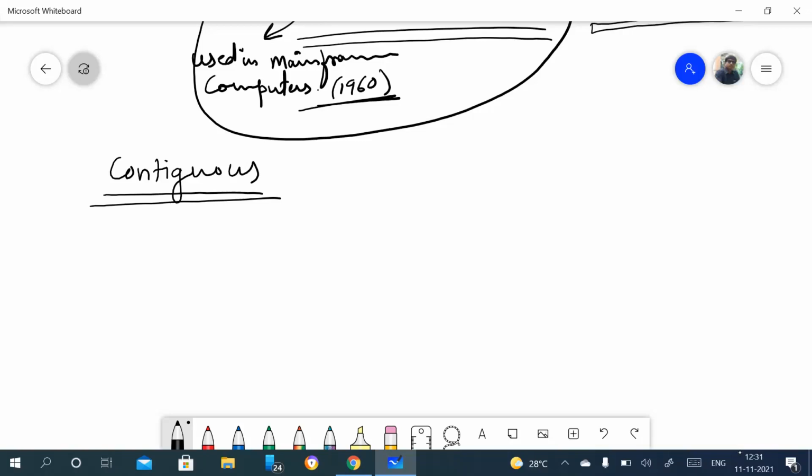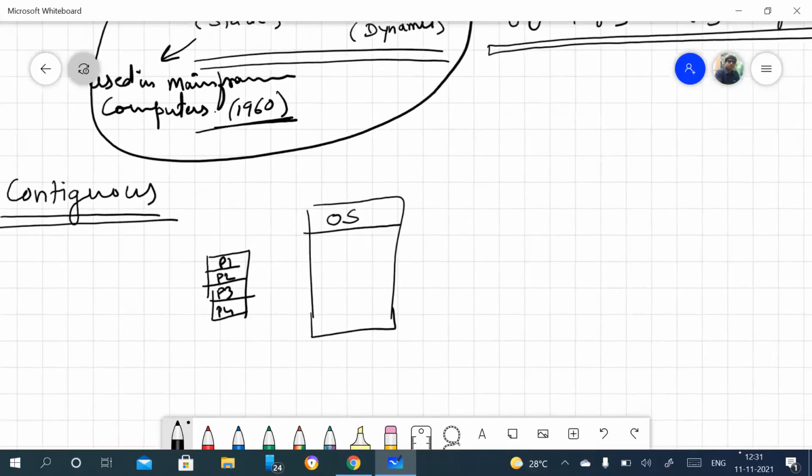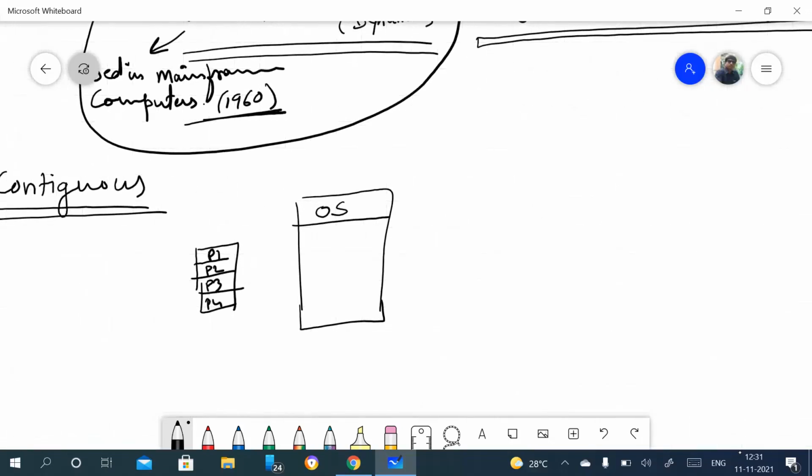Suppose P1, P2, P3 and P4 are the processes, and this is the RAM. Whenever we consider the RAM, the first portion is reserved by the operating system. You can try it: to check the size of the primary memory in your computer or laptop, right click on My Computer, and the size is given.